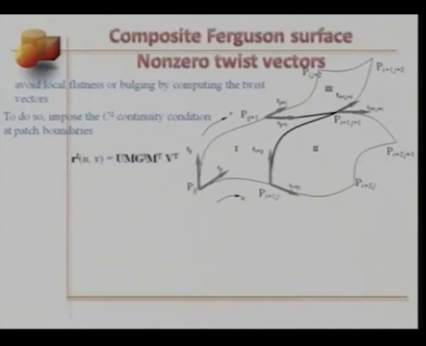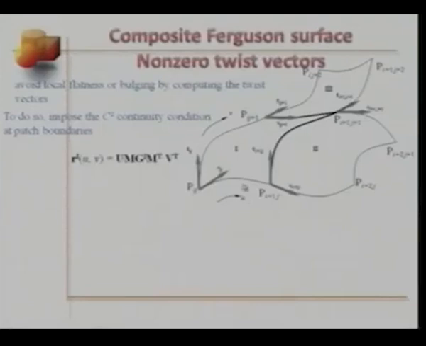Now you have seen this compact form of Ferguson's cubic patch before. R1, which is the equation for this patch in terms of u and v, is equal to the row matrix U times the Ferguson's coefficient matrix, the geometric matrix, the transpose of M, and the transpose of V. U and V contain the linear, quadratic, and cubic terms in parameters u and v respectively.